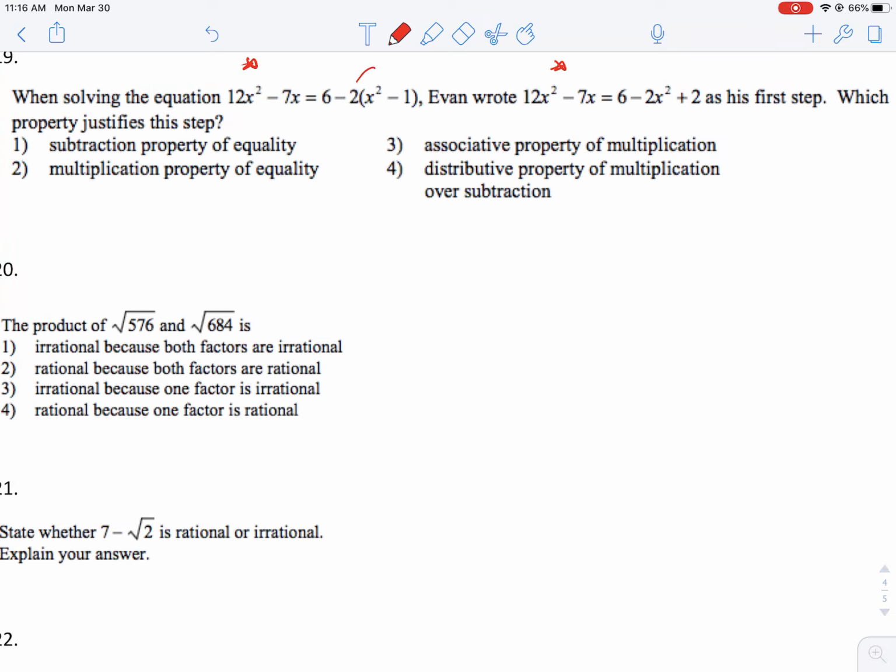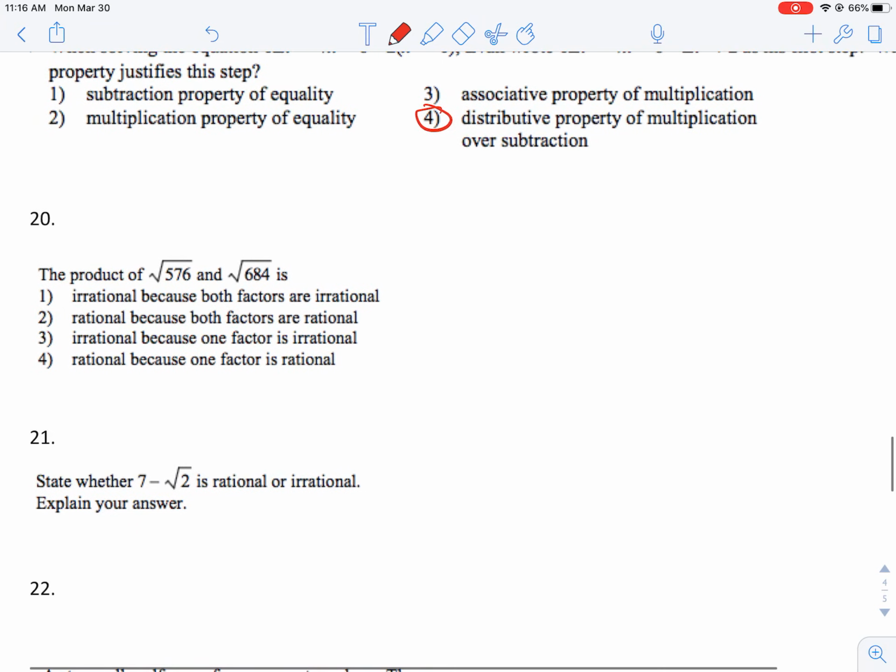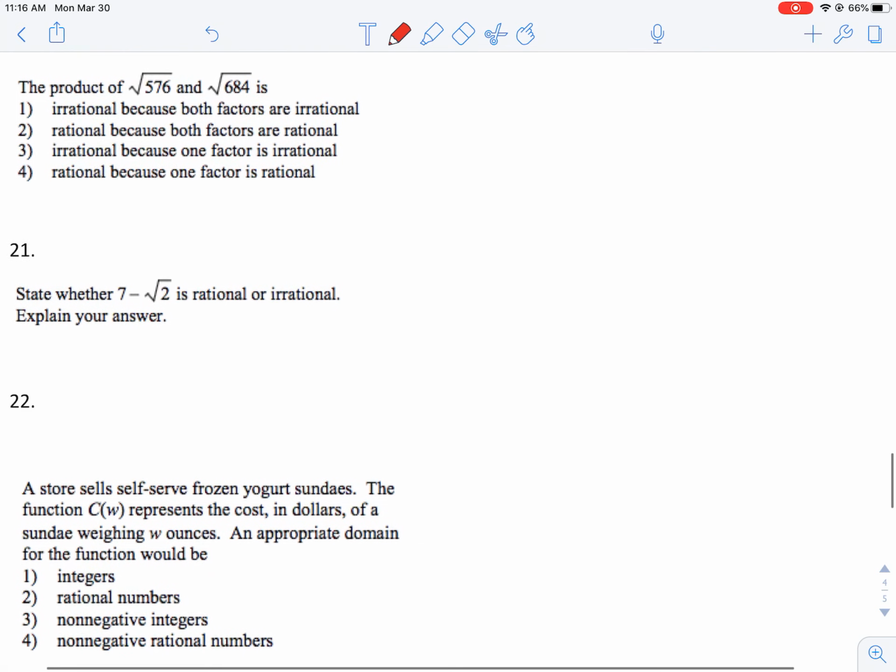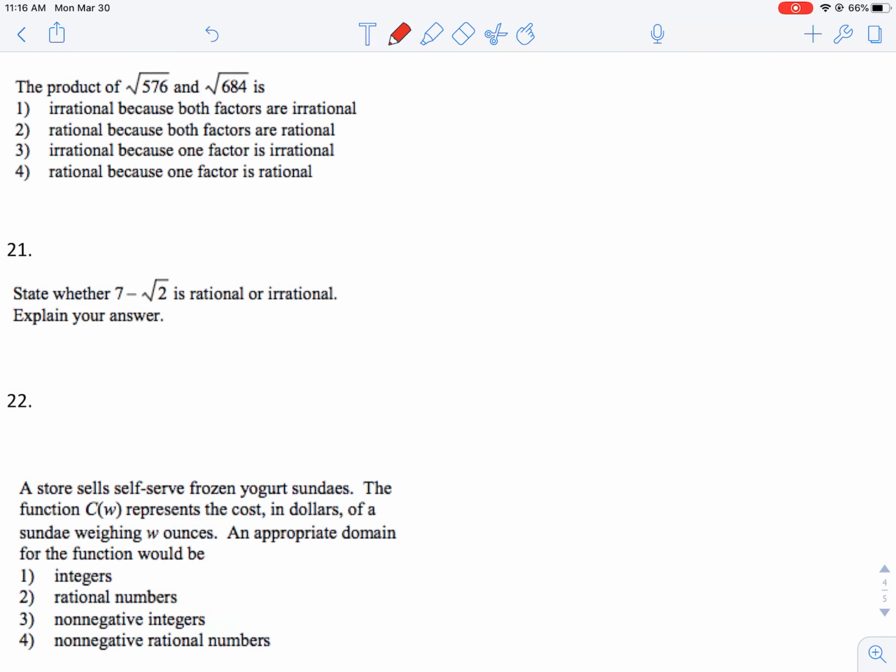All we're looking for is what's different between this piece and this piece here. It looks like the 2 was distributed in the parentheses. And so we're left with the distributive property of multiplication over subtraction. So that's number 19.